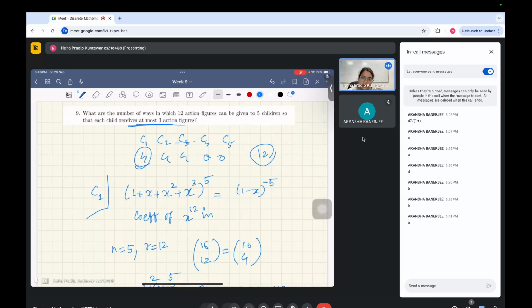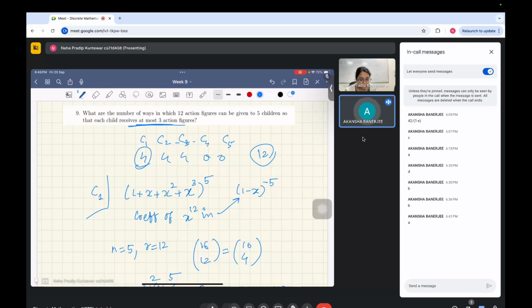Yeah, is this fine? Okay, I don't mean this is equal, but it's sufficient to find the coefficient. Ma'am, but x to the power 4 will also contribute if we take it as an infinite series. It will also be counted where one child gets 4 action figures or 5 action figures.